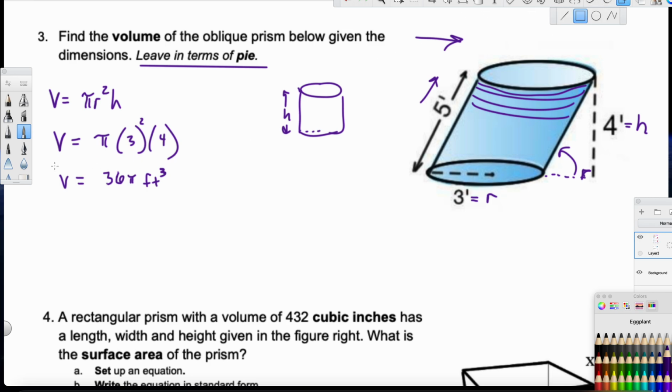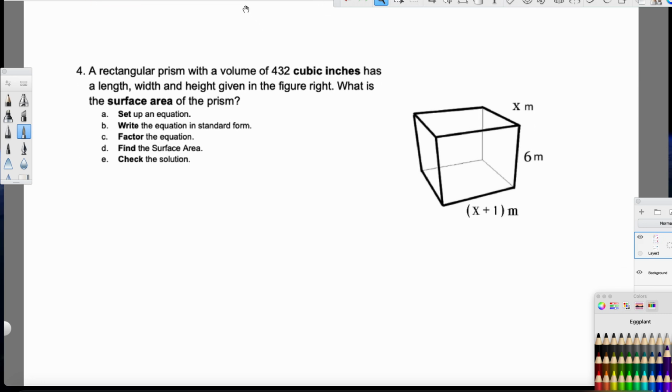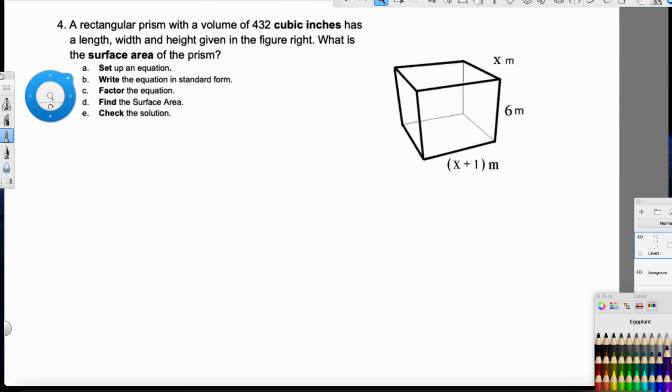All right, there's our volume. And that's it, okay? So we just have to recognize that the height is the vertical height, not the slant height that we use for an oblique object. All right, I hope that was pretty easy. Didn't have to do so much work on that one.